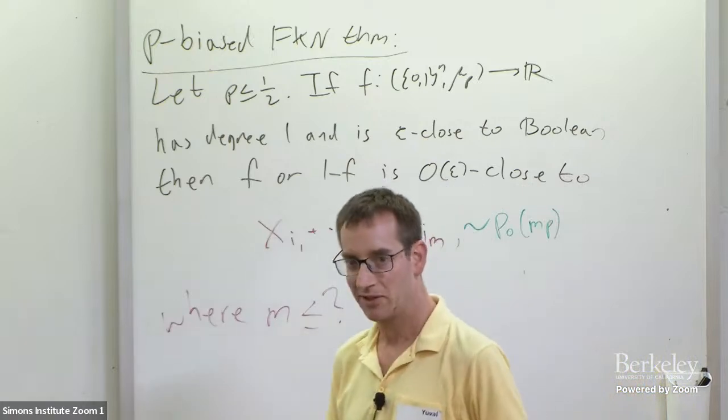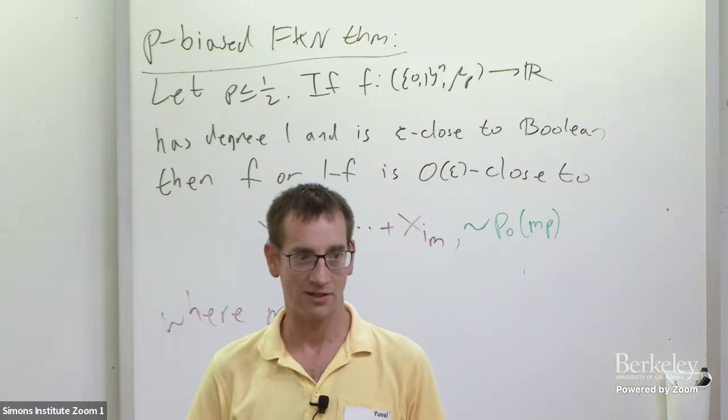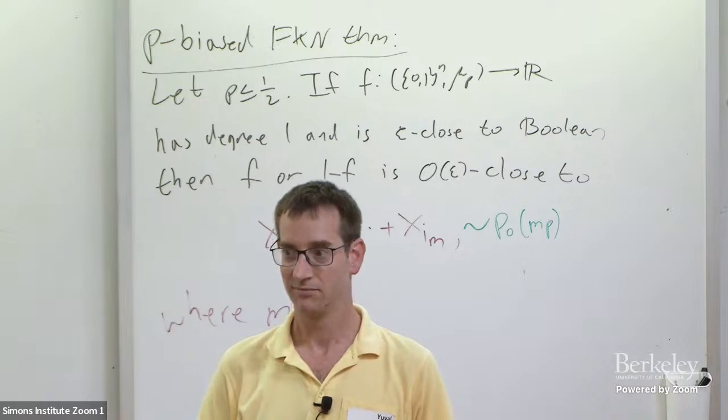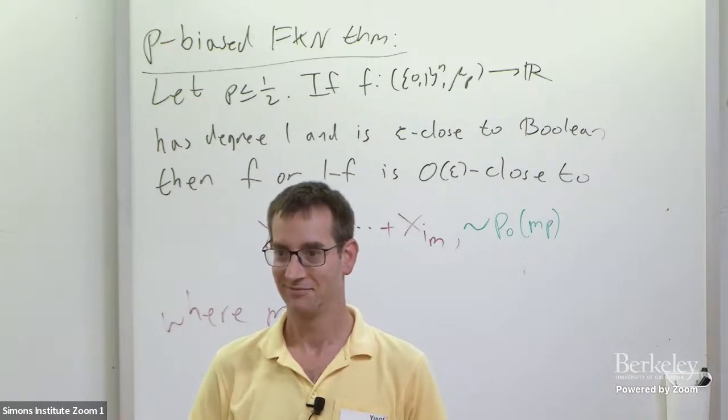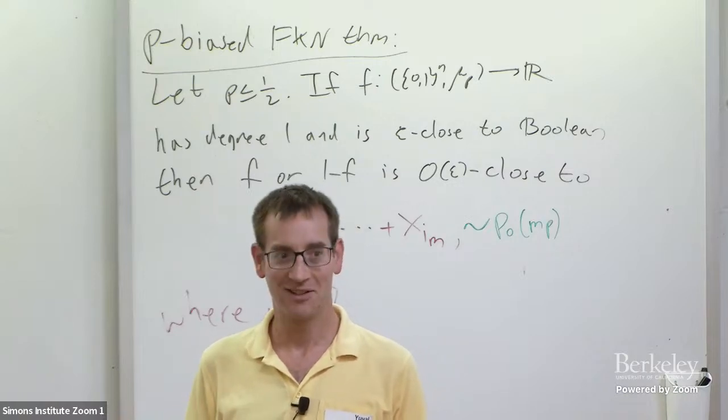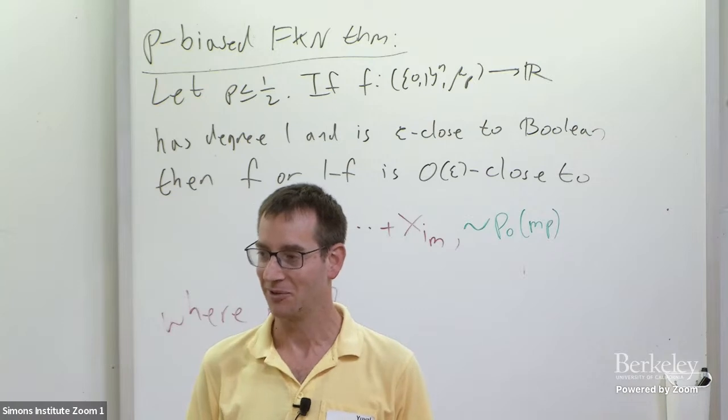Then what's the probability that the Poisson(mp) is not 0 or 1? That's a trick question. What's the probability that the Poisson random variable is equal to 0?